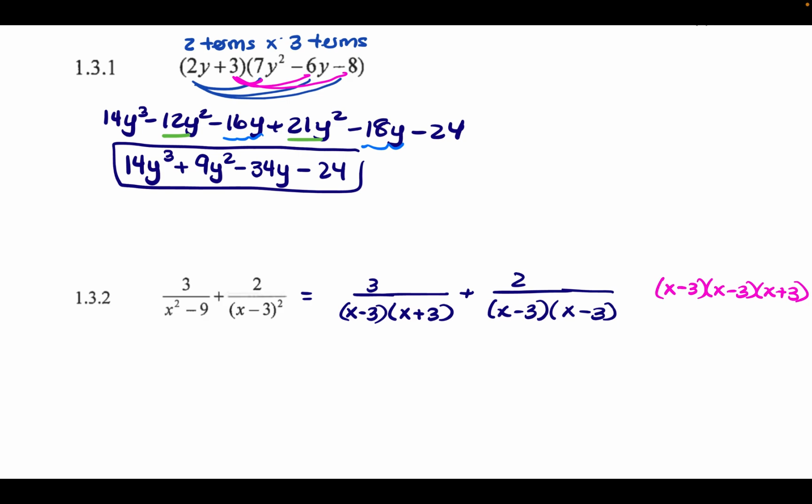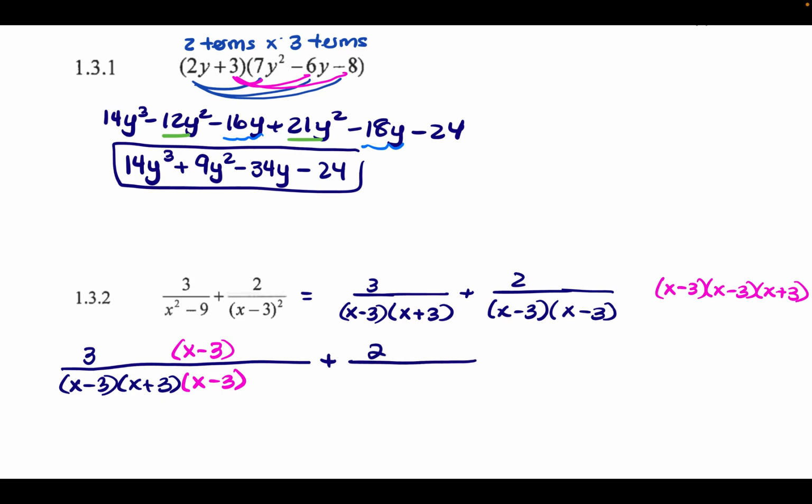And what we do to build that is we multiply each of our expressions by 1, but we multiply it by 1 in a certain form that will be helpful in getting that common denominator. So in this first term, I'm multiplying by 1, x minus 3 over x minus 3. And in the second expression, I'll multiply by 1 in the form of x plus 3 over x plus 3. And then we have the same denominator and we can combine the fractions.